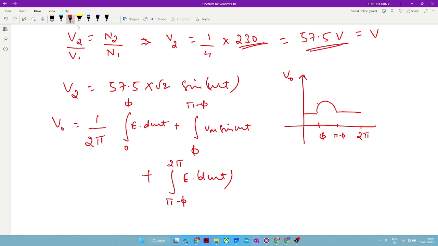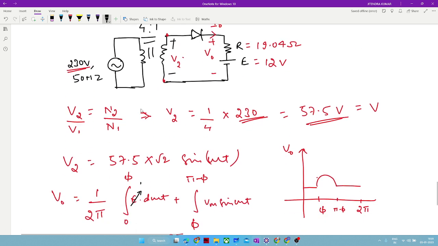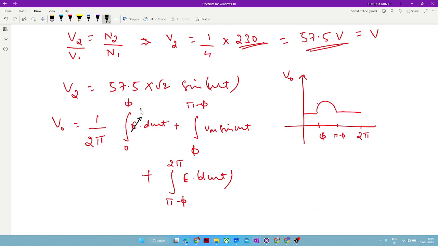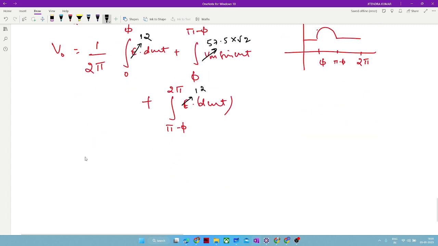Now you just need to plug in all those values. E was 12, I guess. Yeah, 12. Vm is 57.5 into root 2, and again E is 12. You just need to integrate it. You will get a value of V naught.